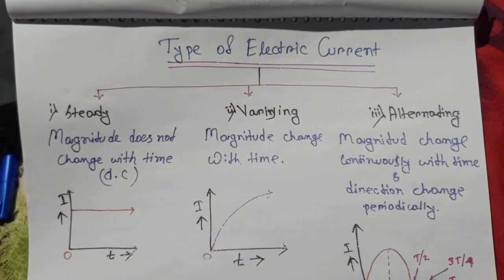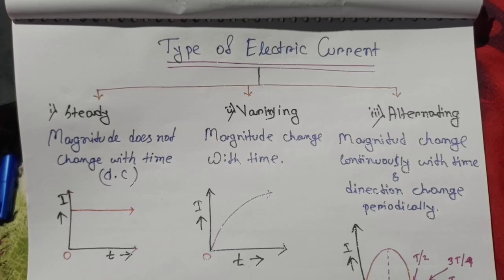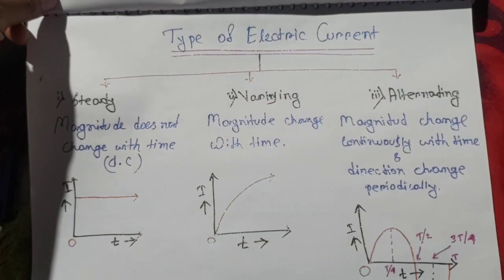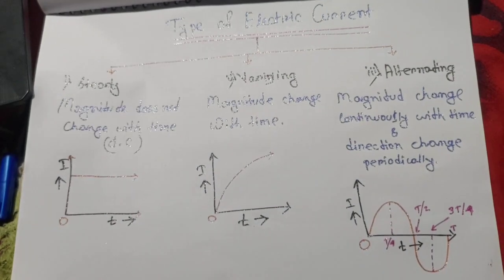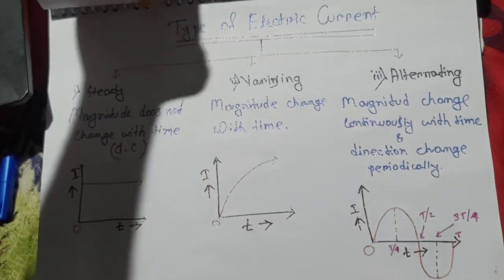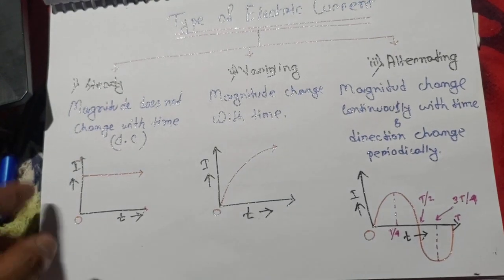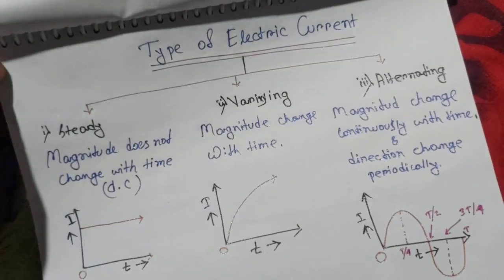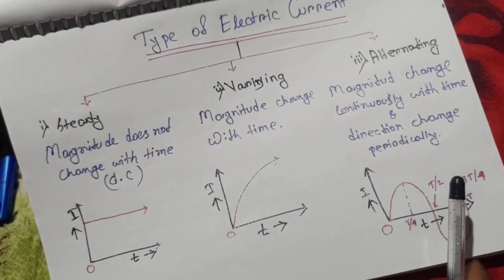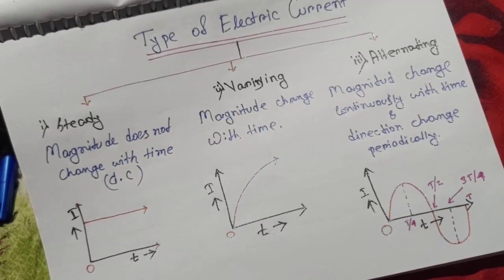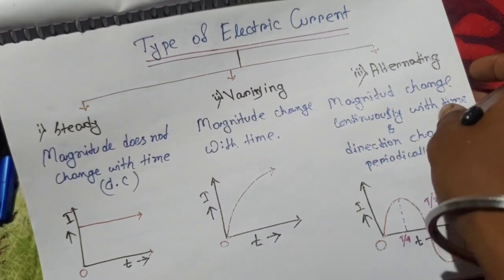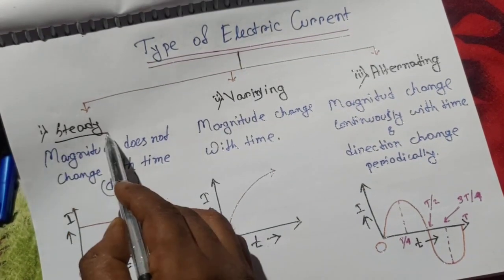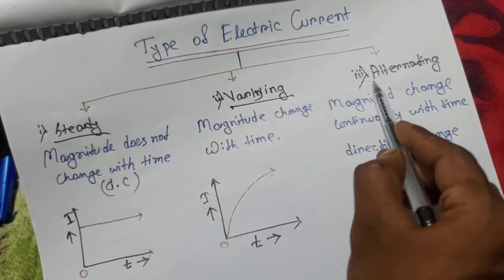Regarding the types of electric current, we normally hear there are only two types: one is AC, one is DC. But actually there are 3 types: one is steady, one is varying, one is alternating.